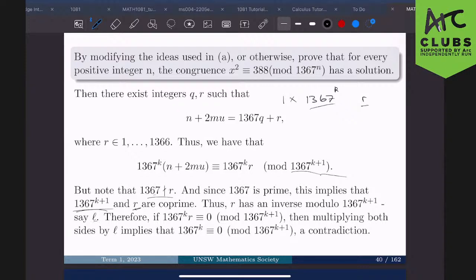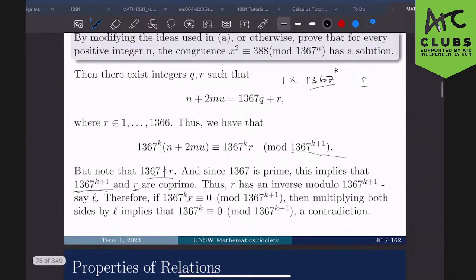Obviously, it's the inverse modulo, so this r term will disappear, and the other side is 0, of course. So it will remain as 0, and then this will imply that this, which is clearly wrong, so it's a contradiction.